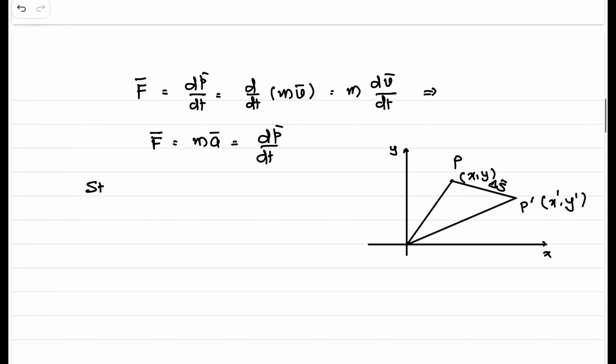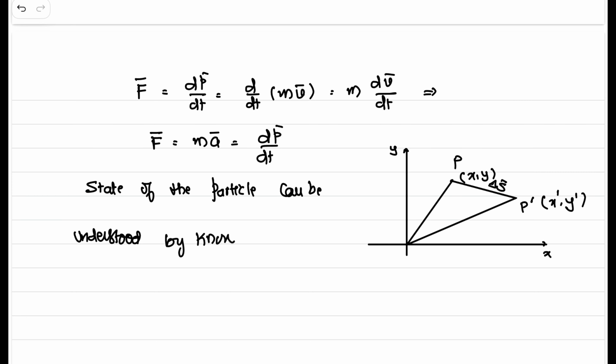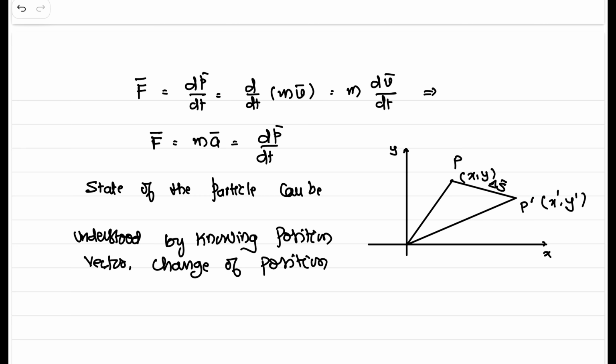The state of the particle can be understood by knowing the position vector and the change of position vector with time. Please try to understand, this is very important.